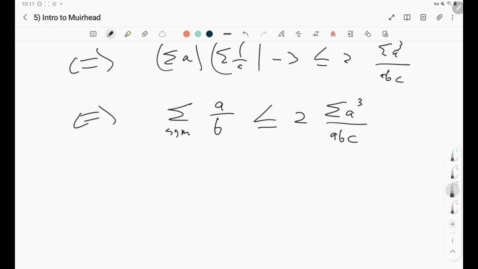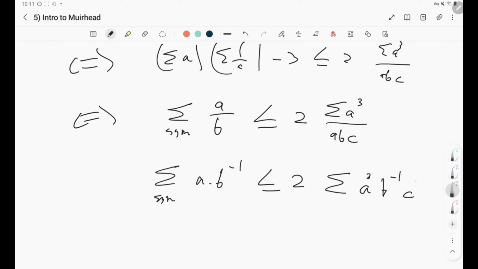Now, can we apply Muirhead? Let's see. We have a sigma symmetric, and you have A over B, so that's the same as A times B to the negative 1. Cool. What about the RHS? We have 2 here. Okay, we don't want to have ABC here, we need to put it inside. So that means we're going to have A squared, B to the negative 1, and C to the negative 1.